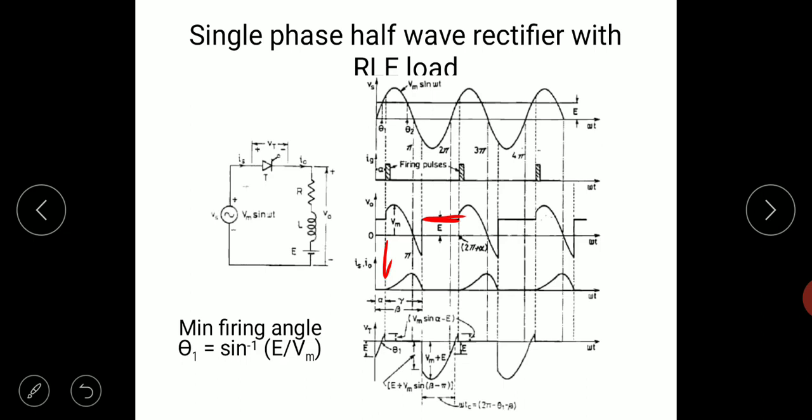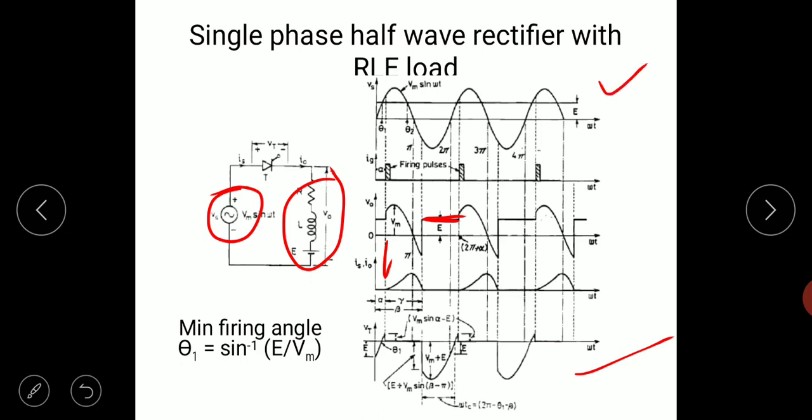And we can here determine the waveform of thyristor voltage Vt. If we subtract V0 voltage from Vs voltage, we will get Vt.